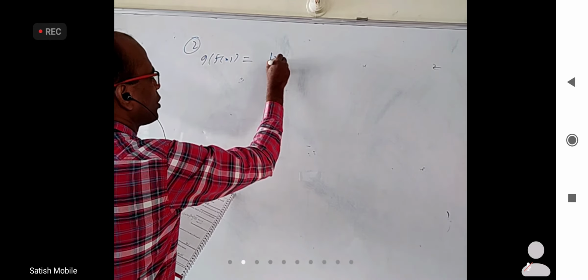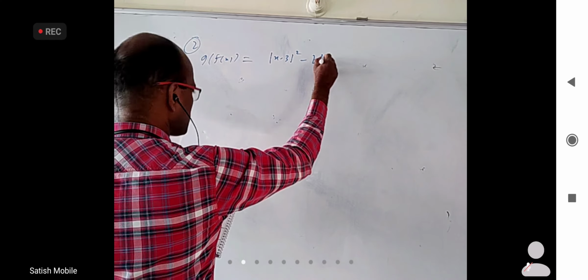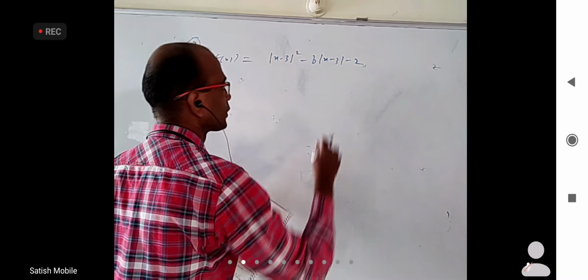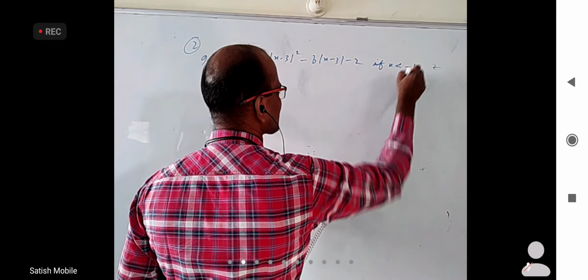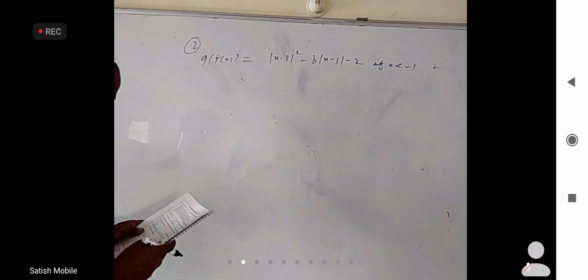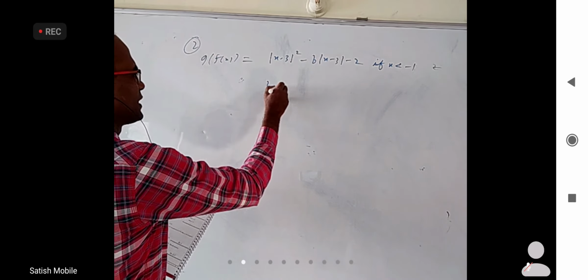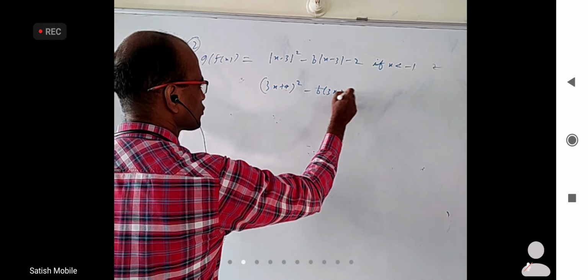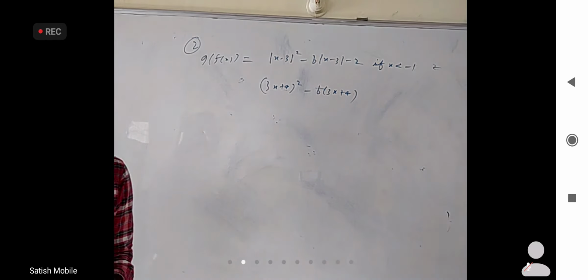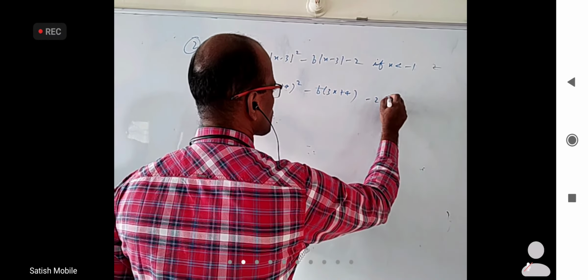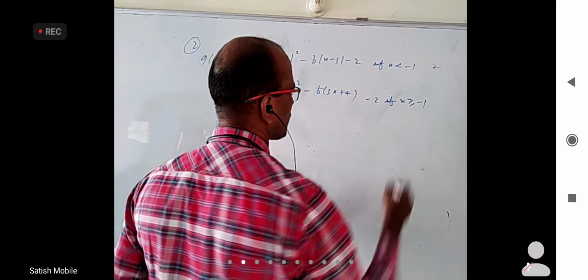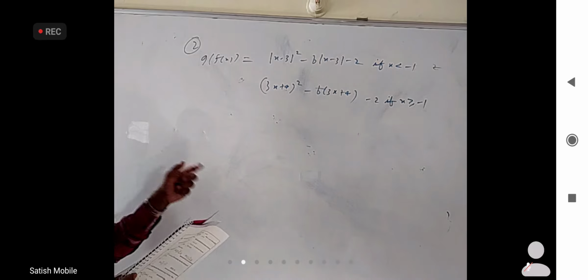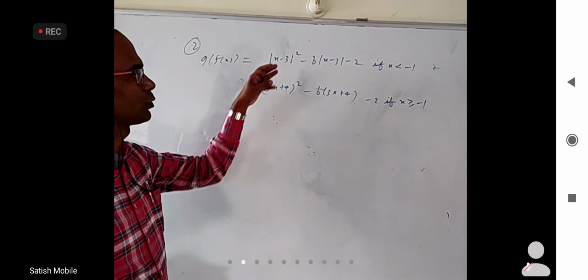It is mod x minus 3 whole square minus b into mod x minus 3 minus 2 if x is less than minus 1, and 3x plus 4 whole square minus b into 3x plus 4 minus 2 if x is greater than or equal to minus 1. So I substituted f within g and these are the two parts we got.